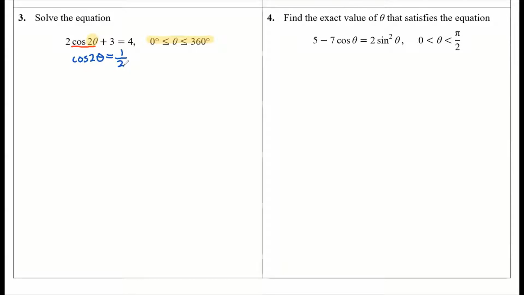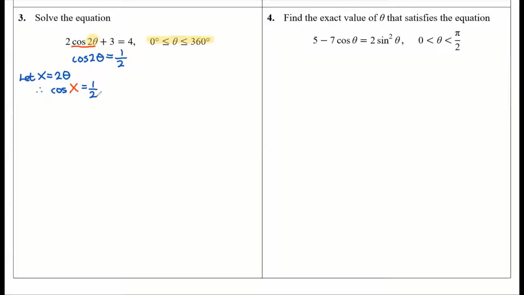We've then got our principal angle, haven't we? So we can now say, let big X equal 2 theta. Okay, so therefore, cos of, and we'll replace that 2 theta with big X, is going to equal 1/2, like that.